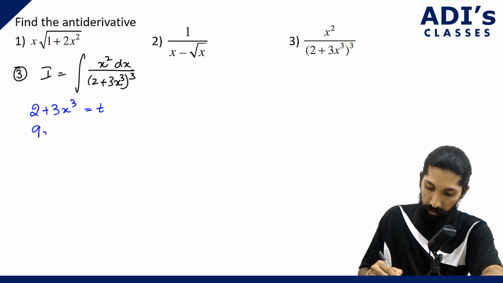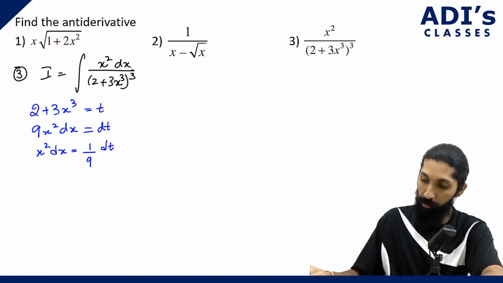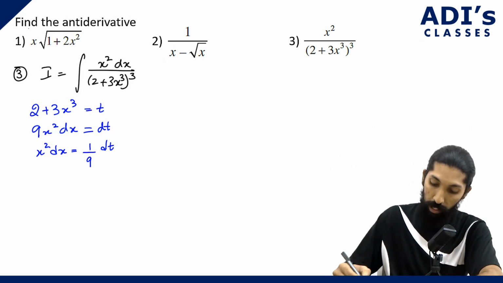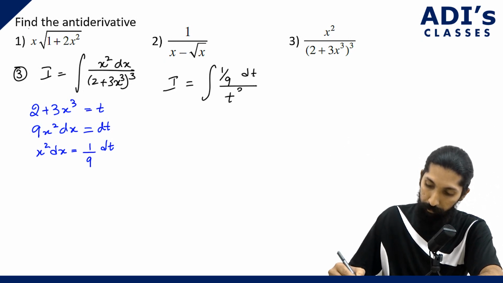You'll get 9x square dx is equal to dt. So x square dx is equal to 1 by 9 dt, right? Substitute. So you have I is equal to integral of 1 by 9 dt divided by t cube, correct?